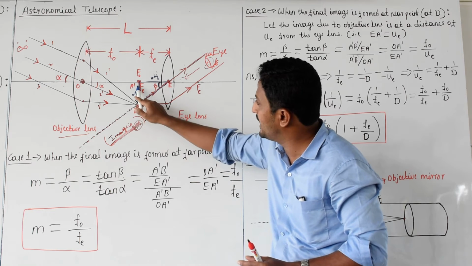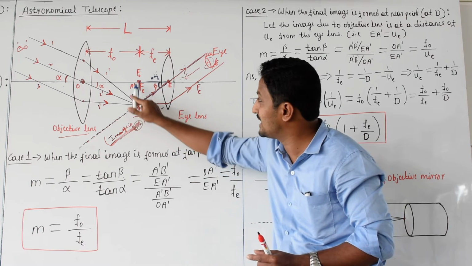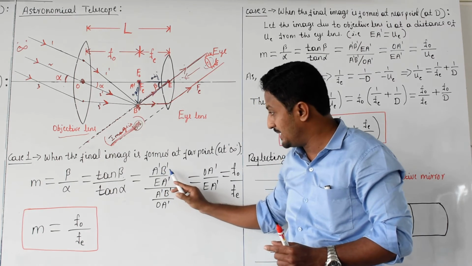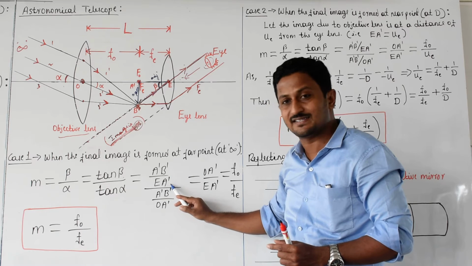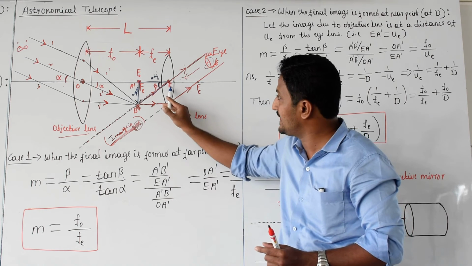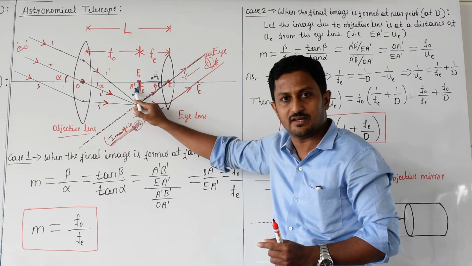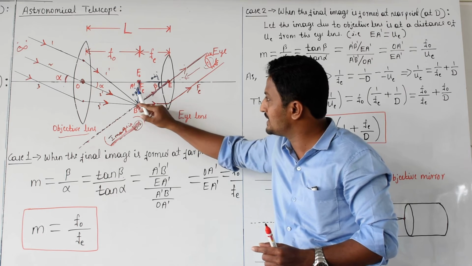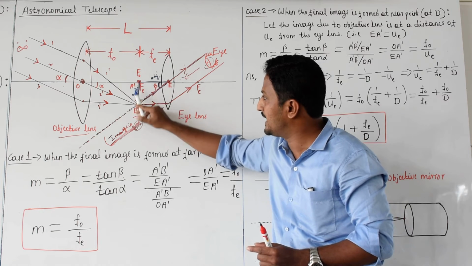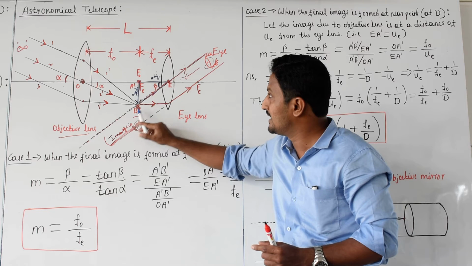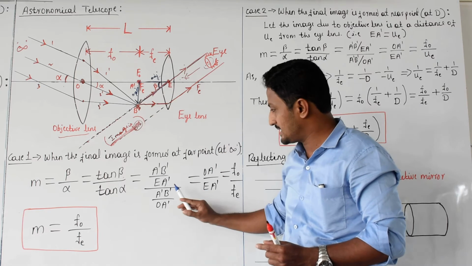Opposite is A dash B dash. Adjacent is what? E A dash. Have you understood? Tan beta is opposite by adjacent, that is A dash B dash divided by E A dash.